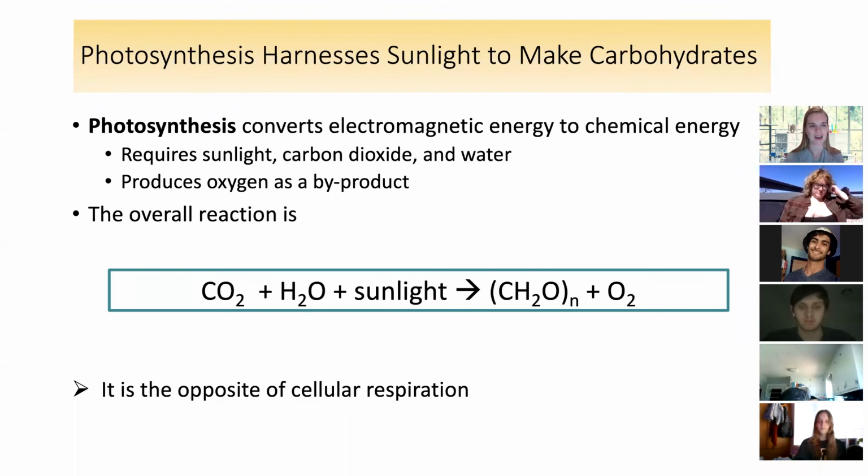And as we are going to see, it produces oxygen as a byproduct. And that oxygen is obviously really important for other living organisms, right? So we need that oxygen in order to, what we say, breathe. And I'm going to show you next week how that oxygen that we breathe is actually for our cells. So our cells are actually the ones that need it. And so, very, very important process.